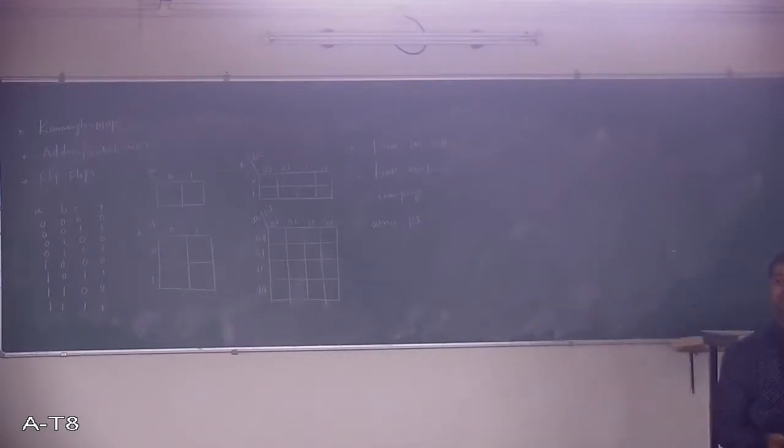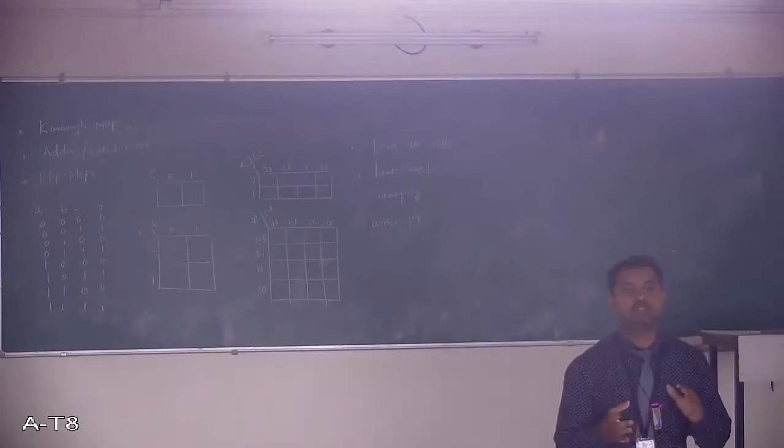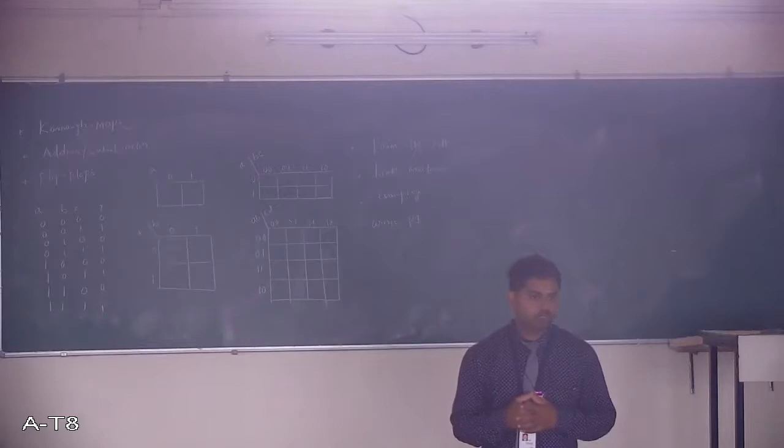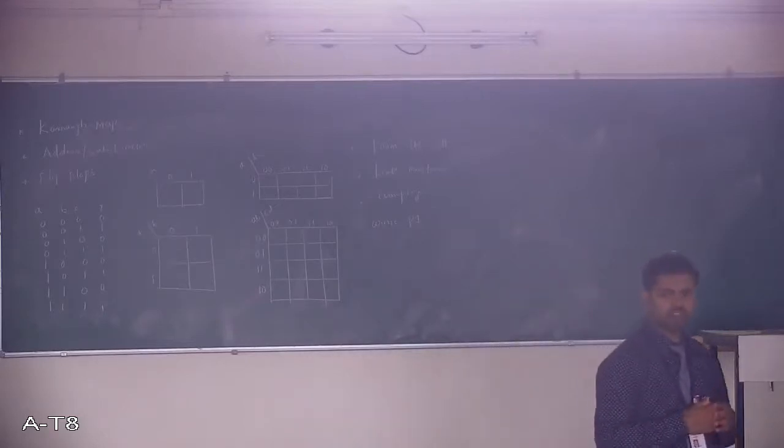In order to do that, one method is using Boolean postulates or Boolean identities, with which I can convert a complex logical expression into a simpler one to a certain extent.